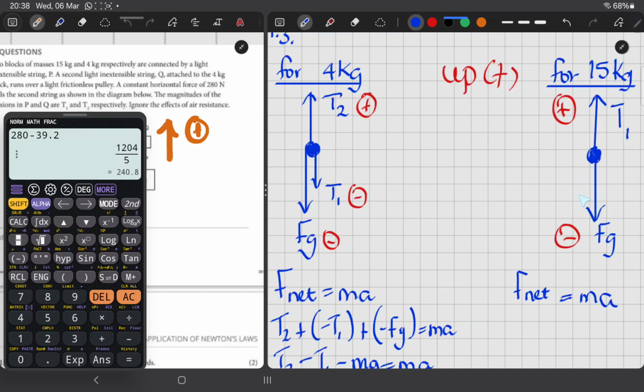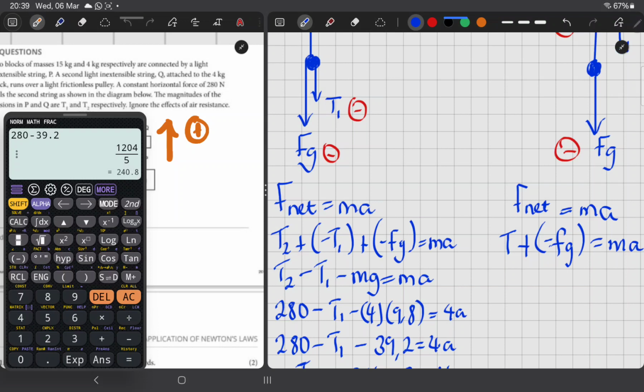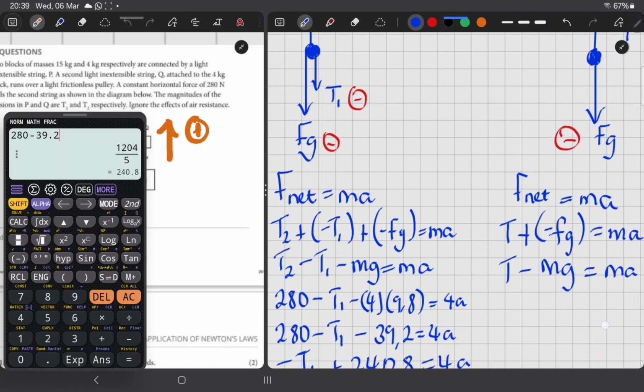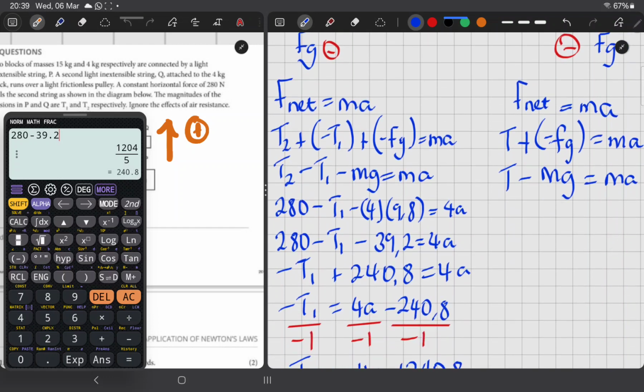Now for the 15 kg block, we do the same. We apply Newton's second law, and obviously my T1 will be positive and my FG will be negative. We therefore sum up the forces, and I will end up with T minus mg equals ma, and I will proceed to make T the subject of the formula, and this is what I end up with.